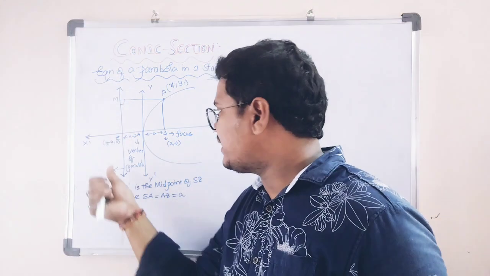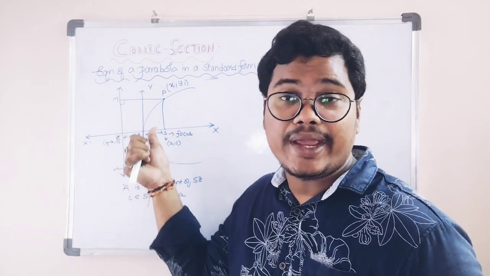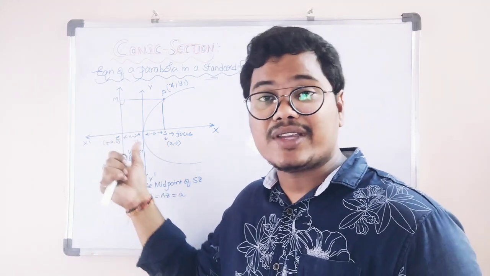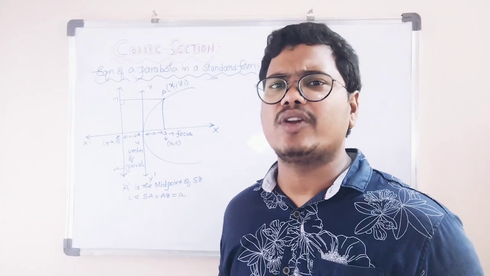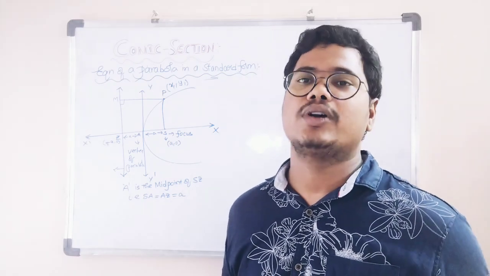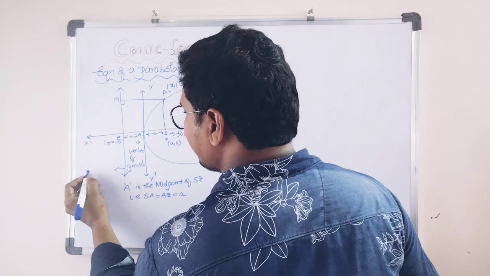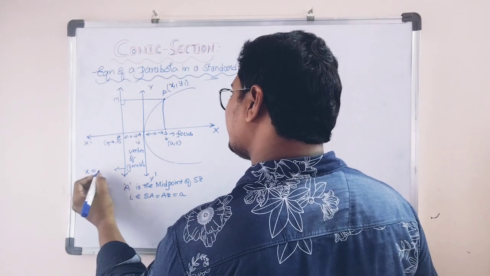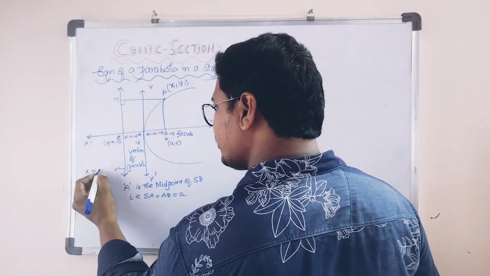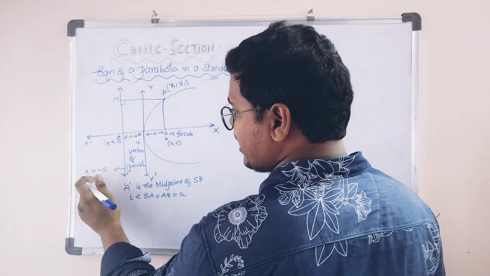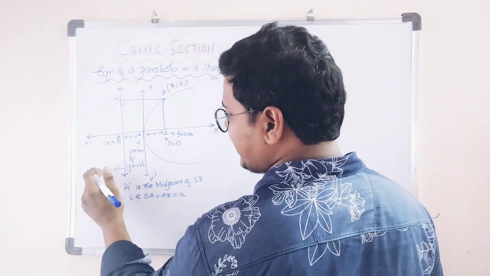Let us see the vertical line. This vertical line is parallel to the y-axis. Already we know the equation of a line parallel to the y-axis is x equal to k. Here, the value of x is equal to minus a.